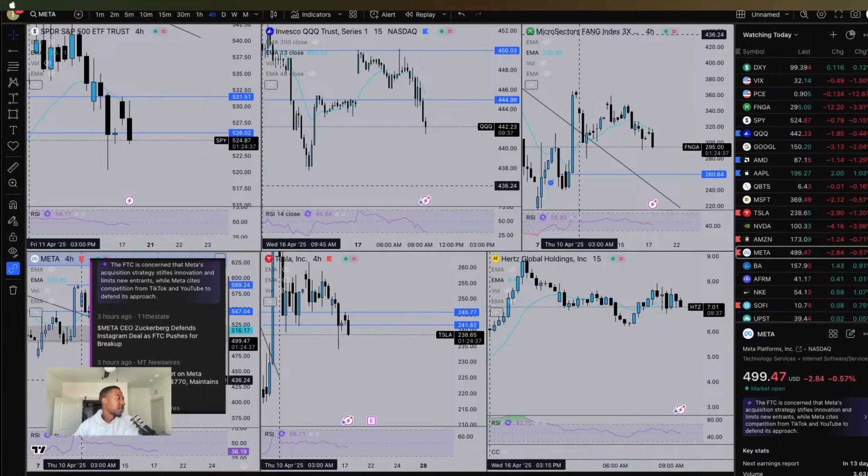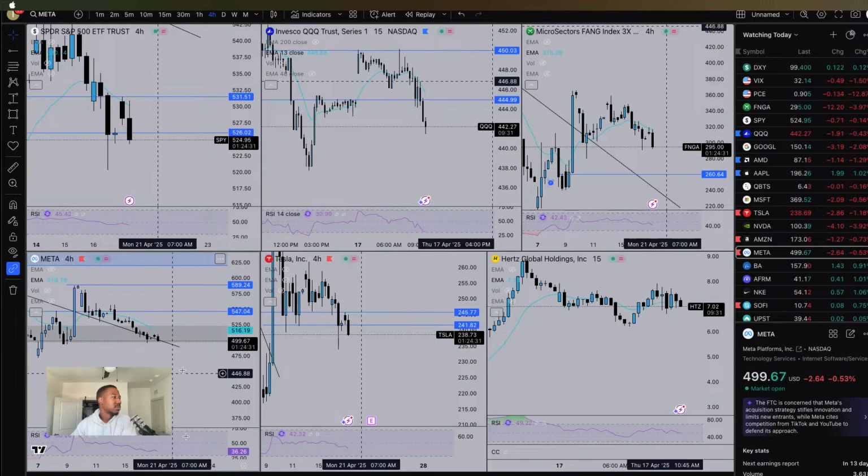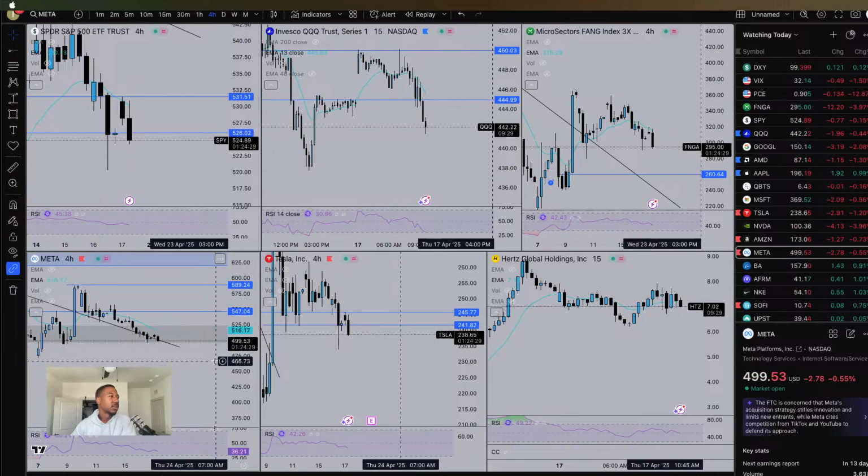If that happens, it will lose Meta some valuation, some money. So they'll come down because of that. So just know that the possibility of that is being priced in. So that might be going on.